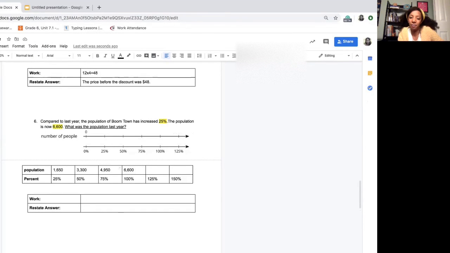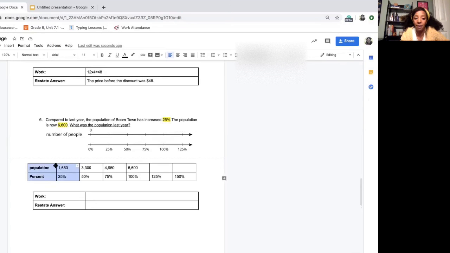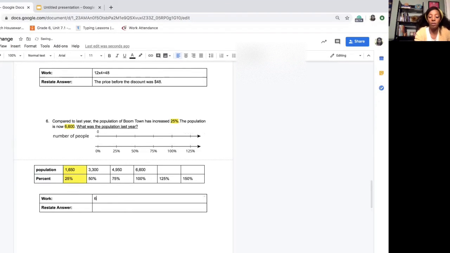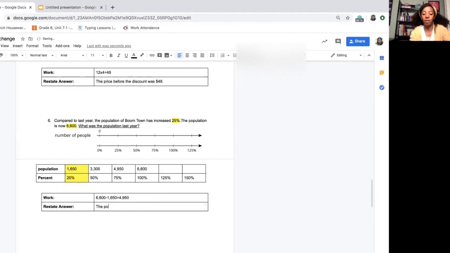Compared to last year, the population has increased by 25%. We want to know what the population was last year. I know that 25% is 1,650. I'm going to take that 1,650 and subtract it from this year's population, which is 6,600. So we're going to do 6,600 minus 1,650, and that's going to give me 4,950.